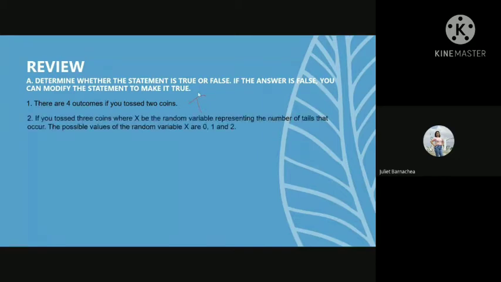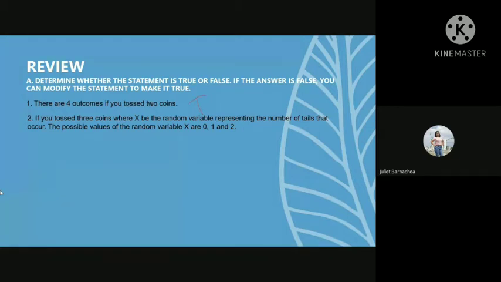If you toss 3 coins, where X is the random variable representing the number of tails that occur, the possible values of the random variable X are 0, 1, and 2. Is this true or false? Number 2, please put the number 2 so it is not confusing. Robin, wrong.